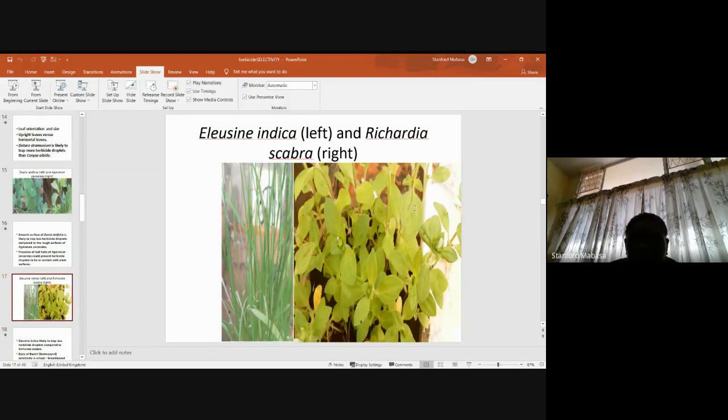We have Eleusine indica on the left, with leaves which are almost perpendicular to the stem. And we have Richardia scabra on the right with broad leaves.